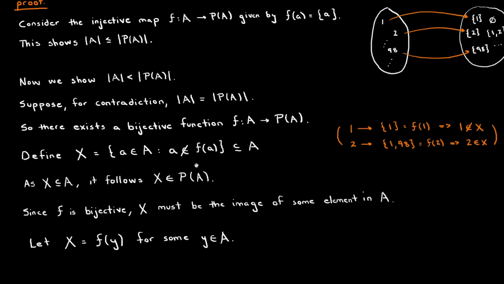Okay, well, since f happens to be bijective, in particular it happens to be surjective, or an onto function, that means X must be the image of some element in A, right?